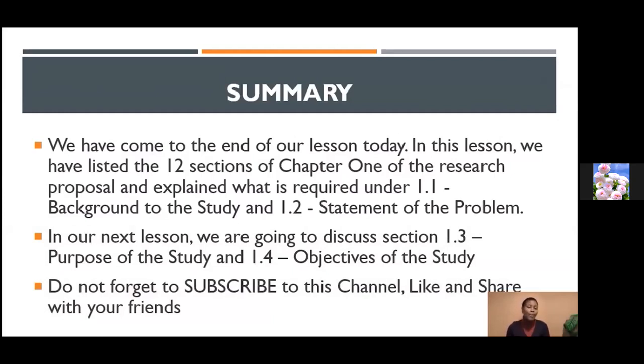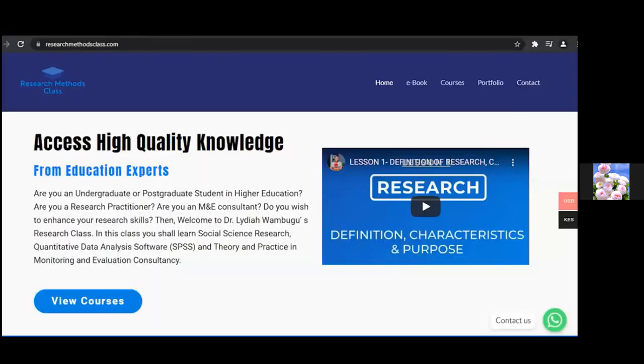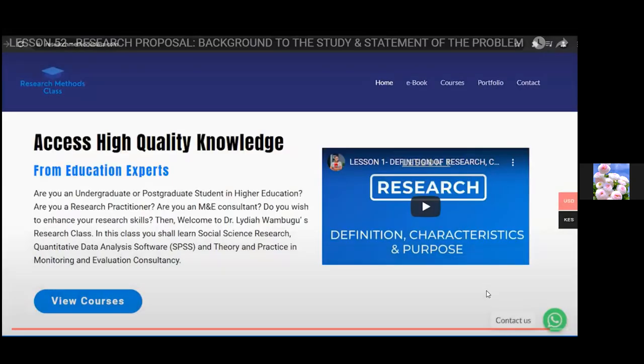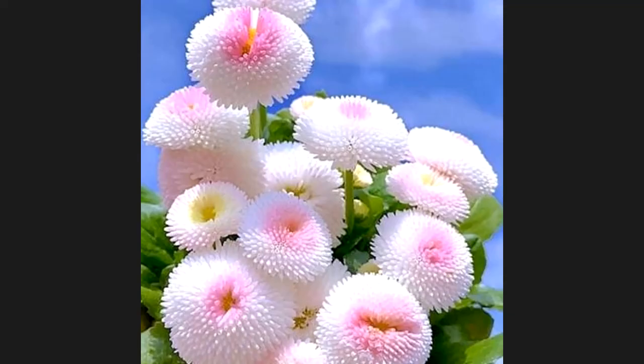This statement is an area where many students have a problem because they want to repeat the background in the statement of the problem. In our next section, we are going to discuss section 1.3, which is purpose of the study, and 1.4, which is objectives of the study. But before then, make sure you visit the research methods.